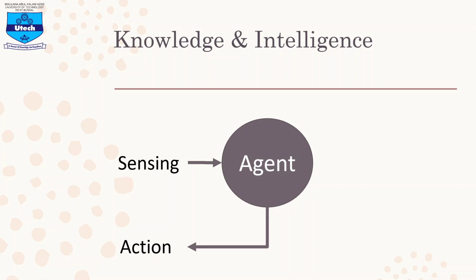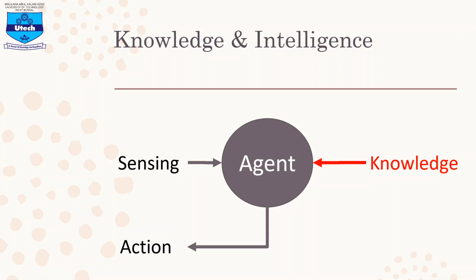So it is gathering sensory information by the sensors and taking actions on the environment by the actuators. That means agents are getting knowledge from the sensory information and from acting upon the environment, and seeing how the environment changes. That gives knowledge to the agent. So this is how agents are gathering knowledge, and by gathering knowledge, agents become much more intelligent.